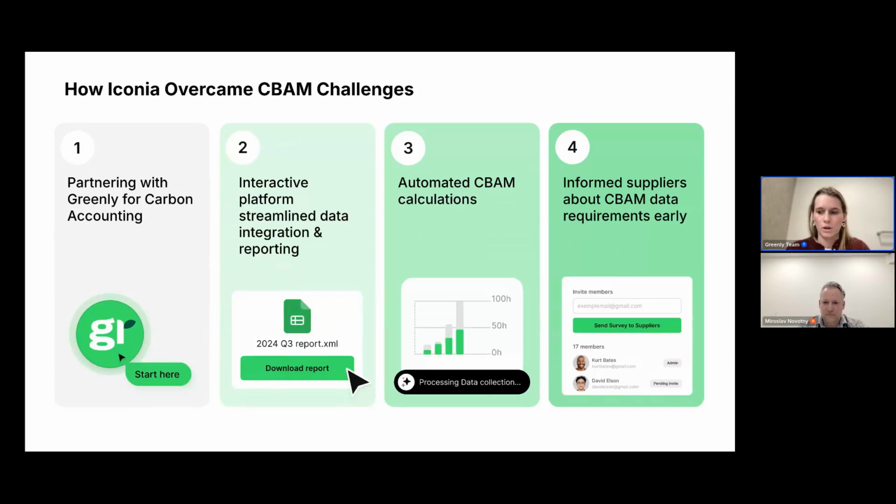Miroslav, can you share maybe how you could find the CN codes of the products that were falling under the CBAM regulation? Yeah, this is our logistic department, so I cannot tell you the details, but for each of our products, we make a material composition in the beginning.